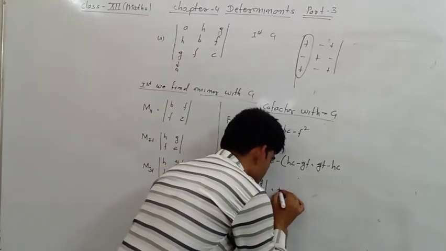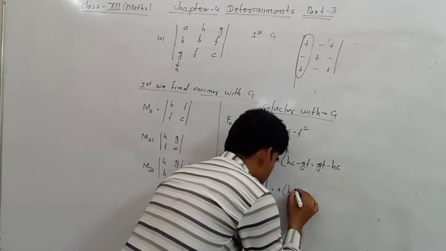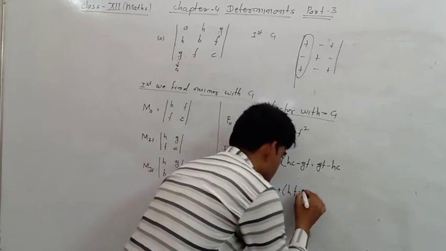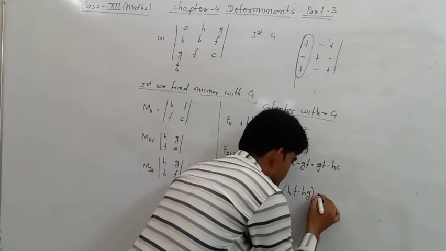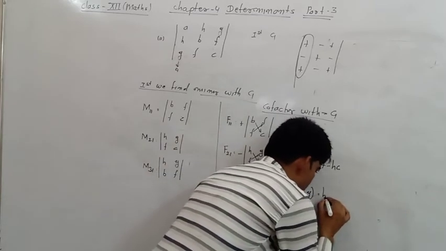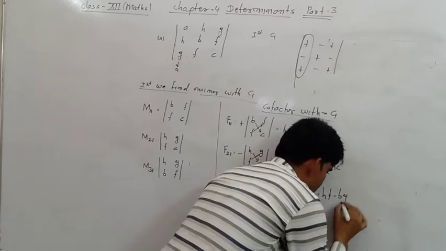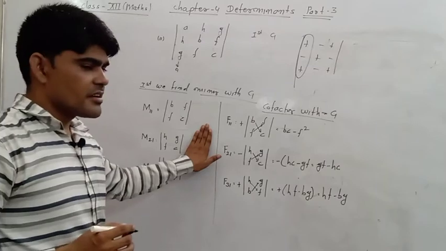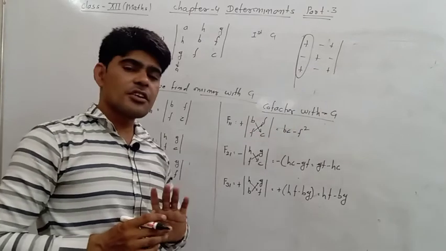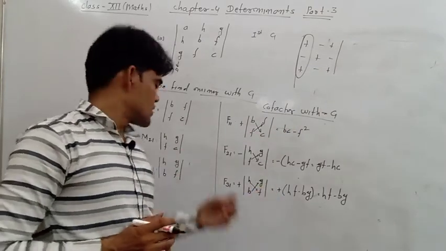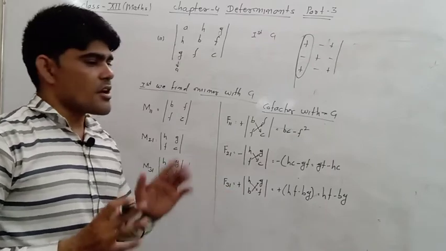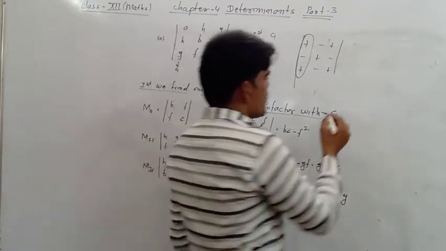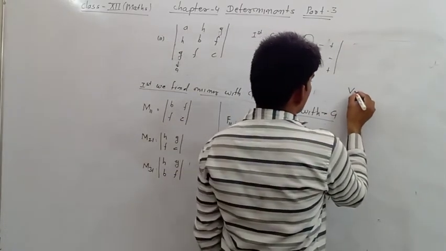With the positive sign, HF minus BG. These are the minors and these are the cofactors of the first column. This is the first solution. Now we find the value of the determinant.